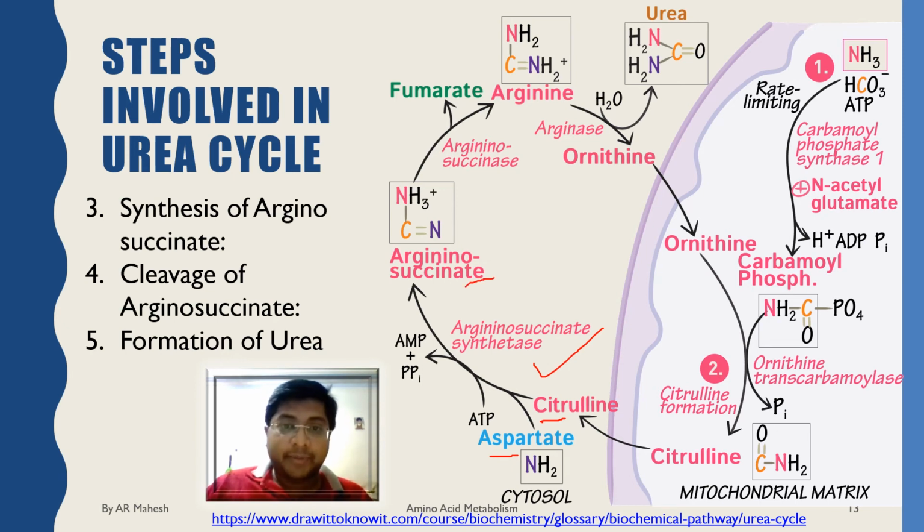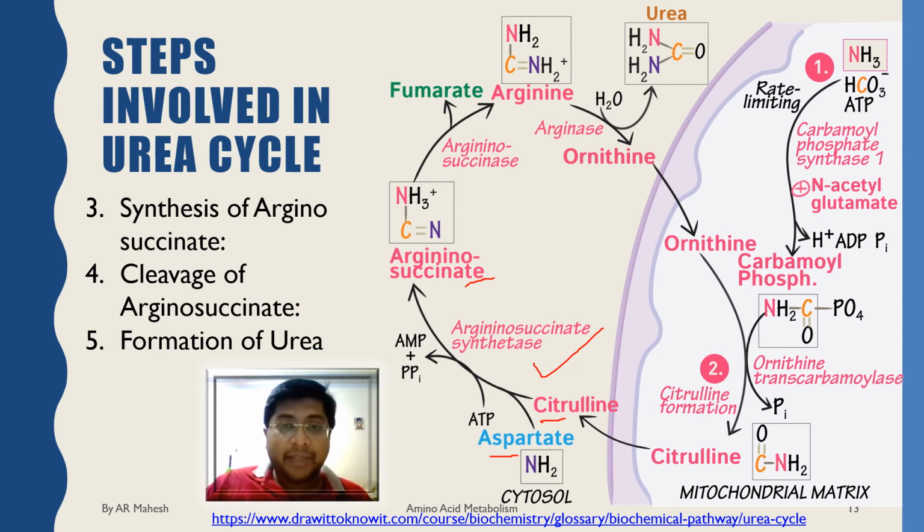This step requires an ATP which is cleaved to AMP and pyrophosphate. The next step involves the cleavage of argininosuccinate to form arginine. Argininosuccinase cleaves argininosuccinate to give arginine and fumarate.